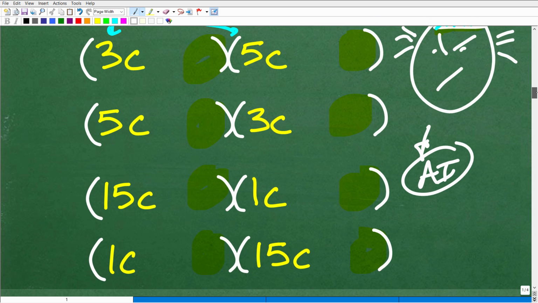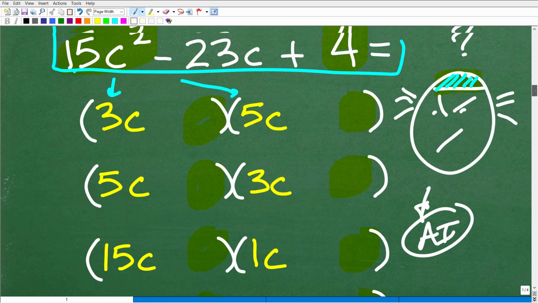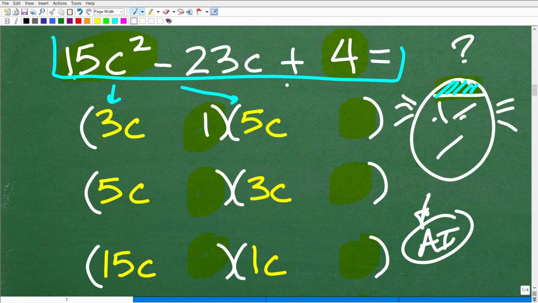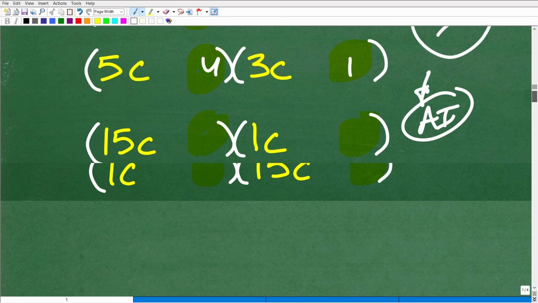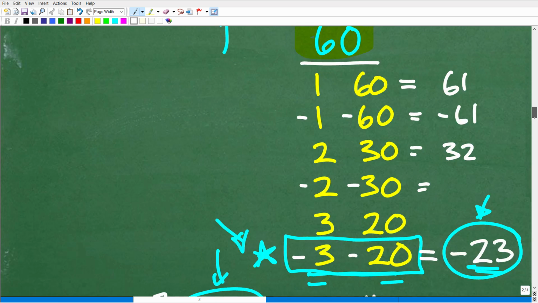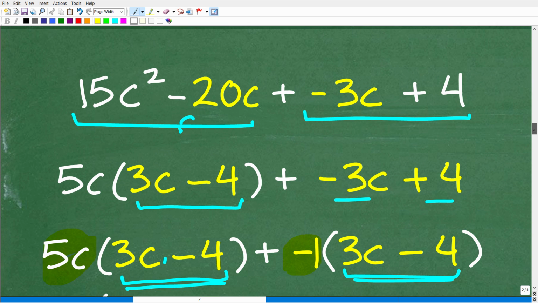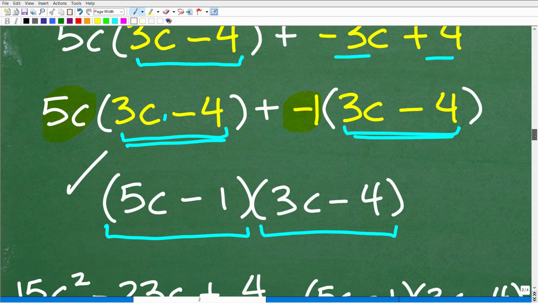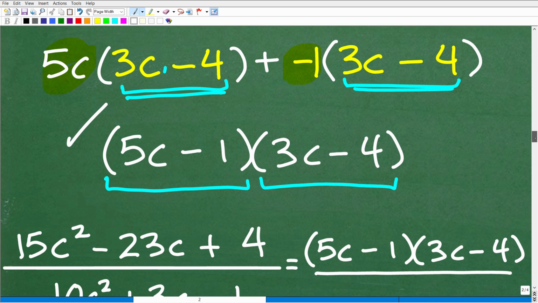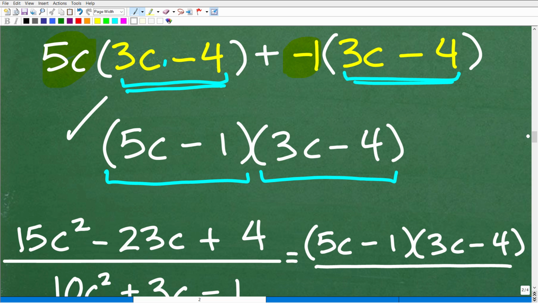Your alternative is to look at all your options right here. I have to put factors of 4: 1 and 4, 4 and 1. And you could do this, and this is a good technique as well, but oftentimes a lot of students struggle with this, whereas if they're given a procedure, they can do it every single time. So it's up to you as long as you know how to factor, but I'm going to strongly suggest that however you factor, you should know this technique.